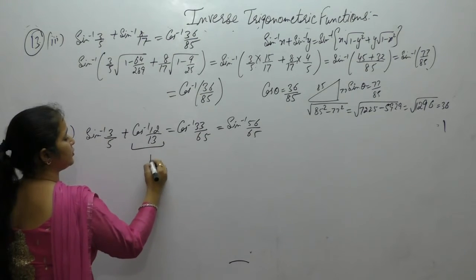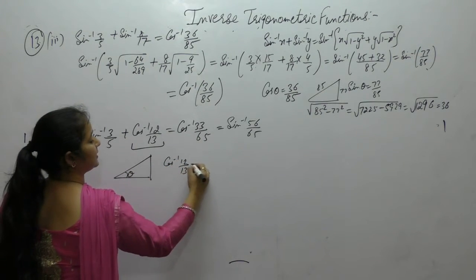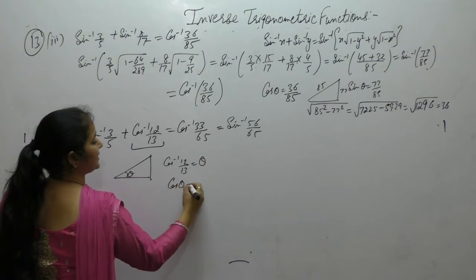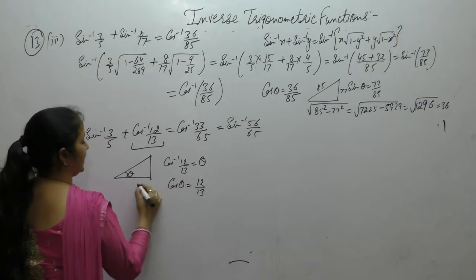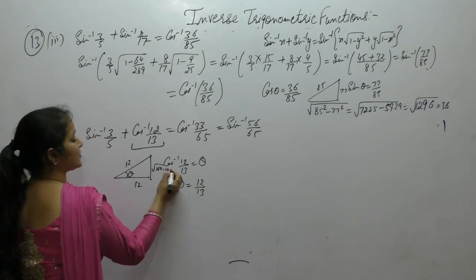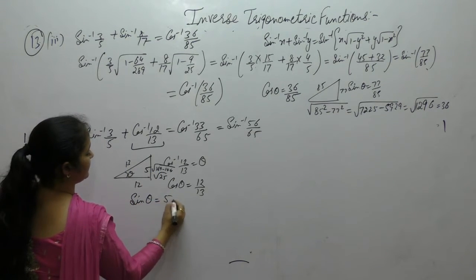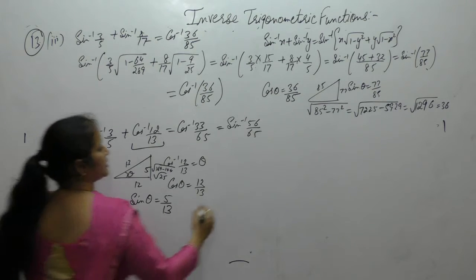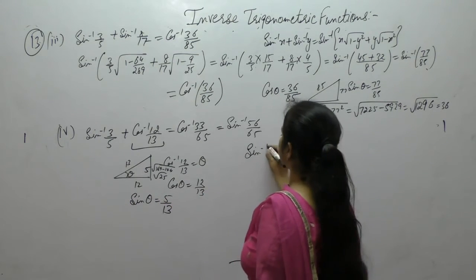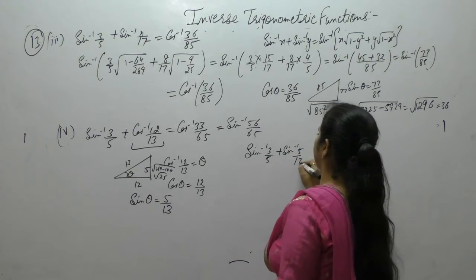Let it equal theta. Then what we get? Cos theta as base upon hypotenuse. 169 minus 144, square root of 25. Here we have sine. So sine is P upon H. So we get sine inverse 3 by 5 plus sine inverse 5 by 13.